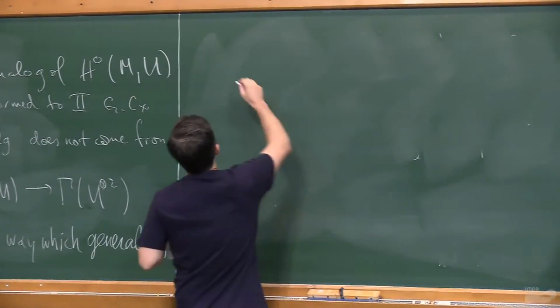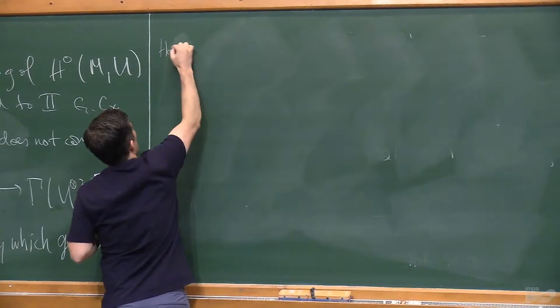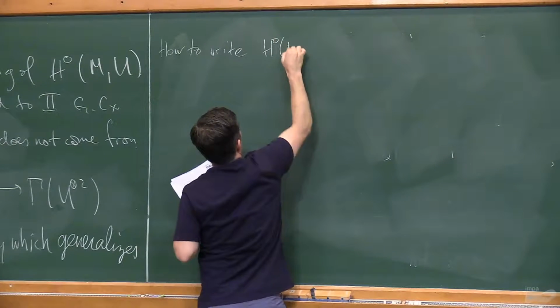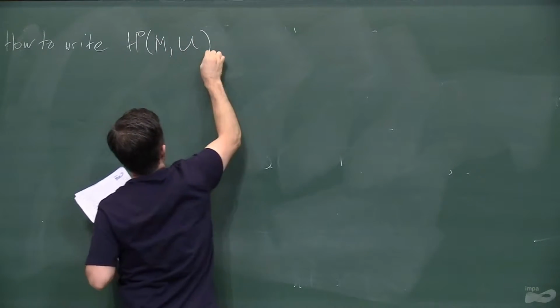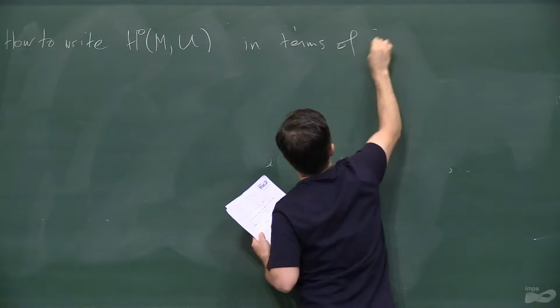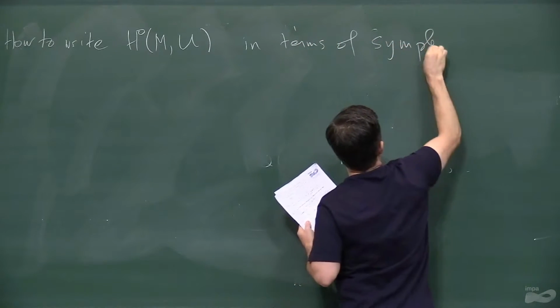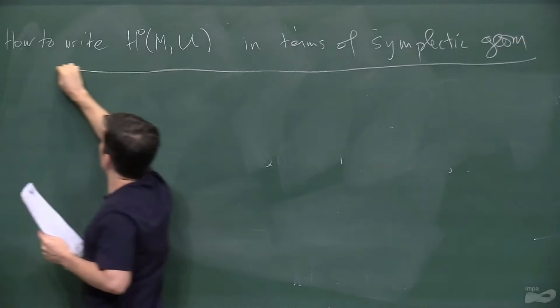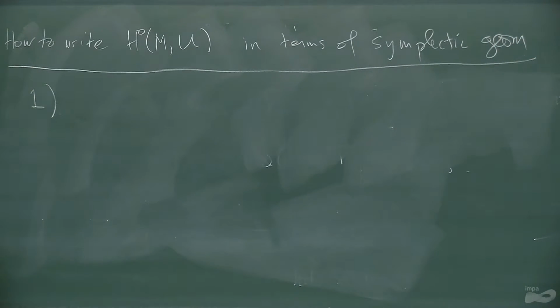Okay, so how to write H0 of U in terms of symplectic geometry. Okay, so step one. I'll just give you a step-by-step procedure in order to obtain this vector space in an alternative way.